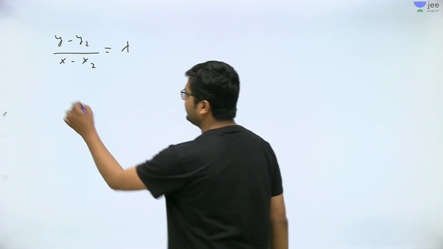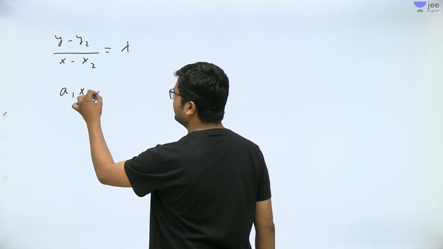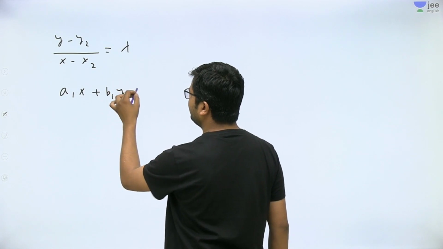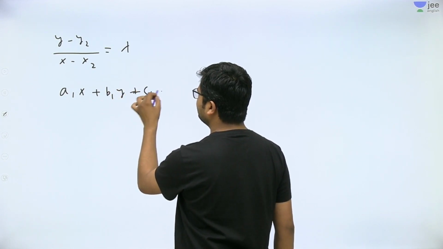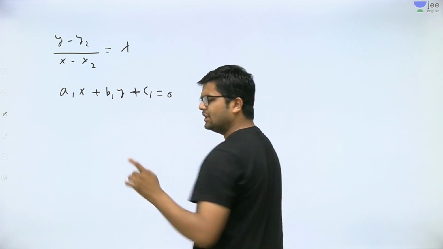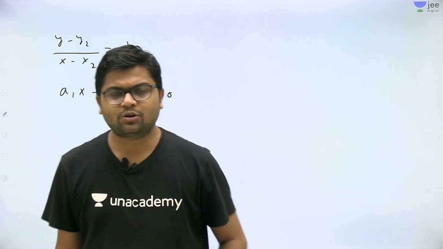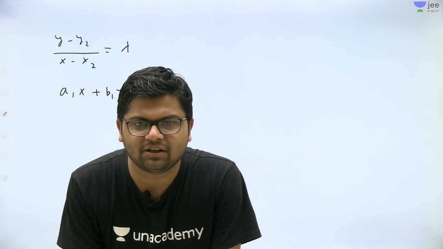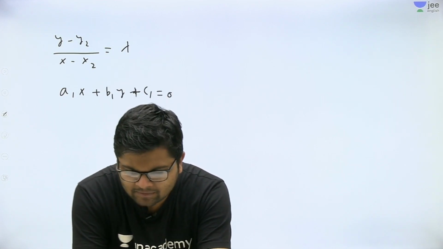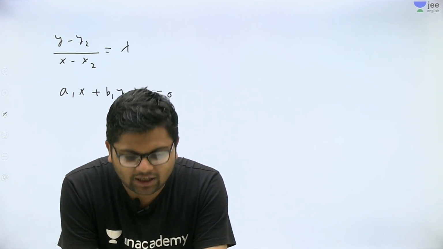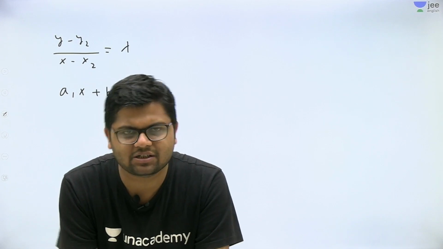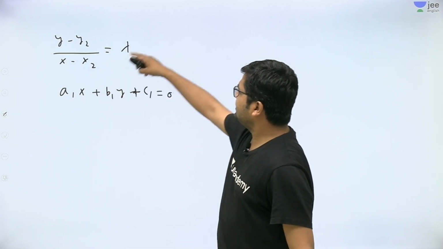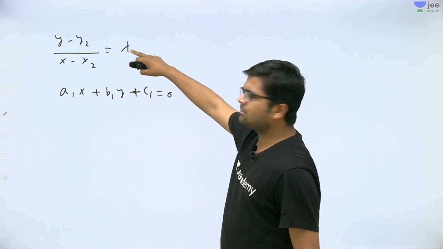Let me write that straight line as a1x plus b1y plus c1 is equal to 0. What is important is that a1, b1, c1 will be rational numbers.